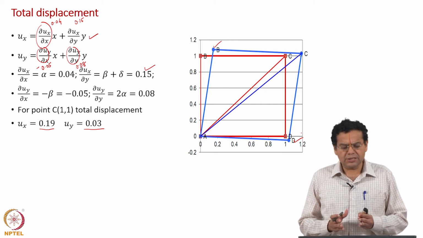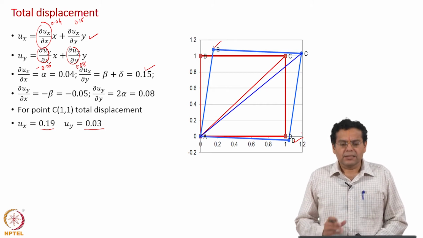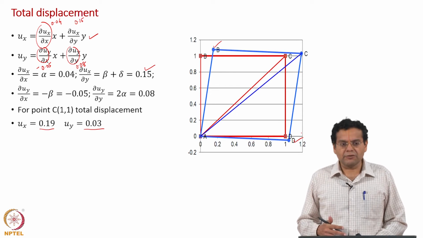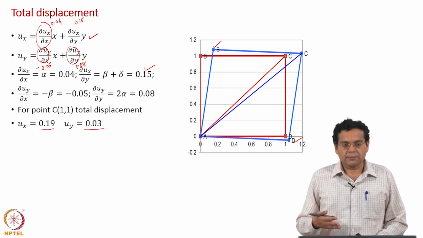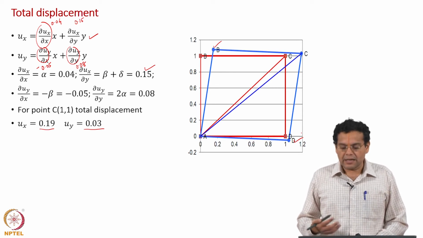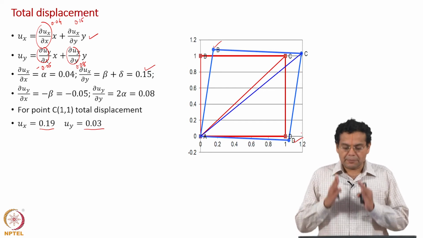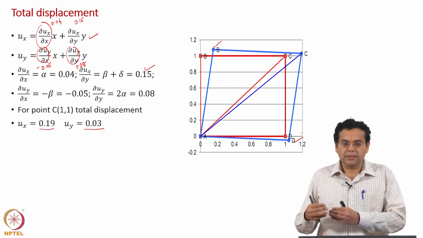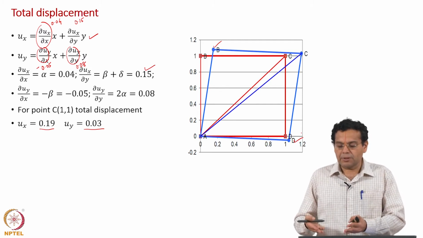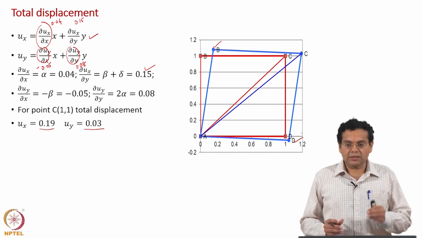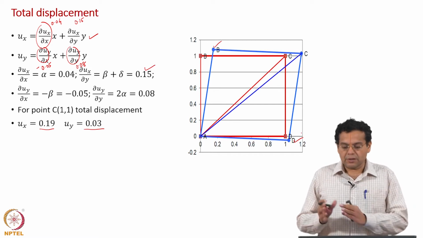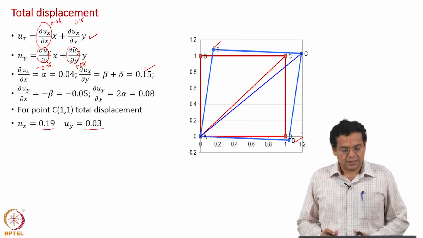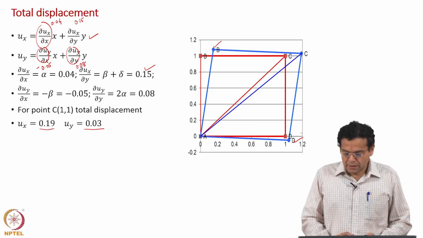Now, remember, it shows the total displacement. This displacement could be because of rotation, normal strain, shear strain, okay. And this is what we are going to do now. Separately represent normal strain, shear strain and rotation, sum up and see that we will be able to get back this total displacement, and that is what we did analytically, but now we are going to do in terms of a numerical calculation. Okay.